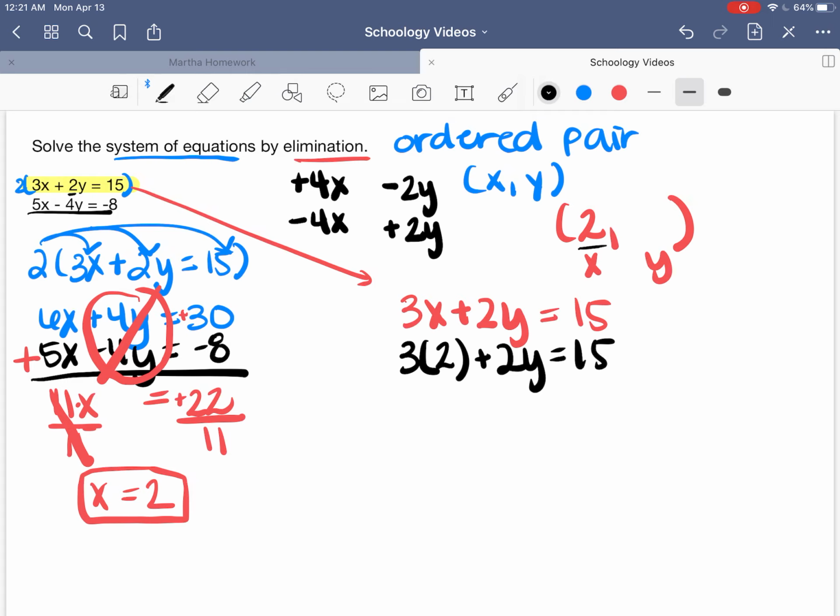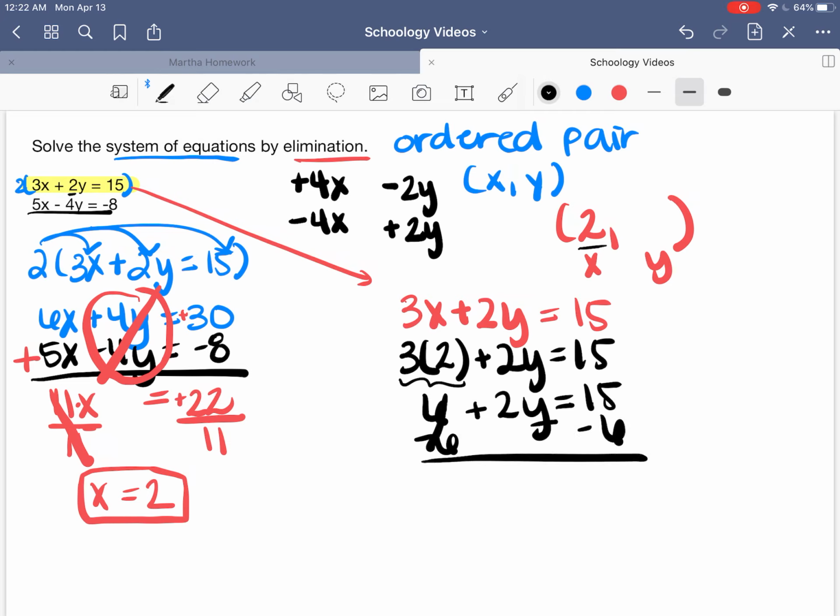That's what I'm trying to find out. So to get my y by itself, I would first multiply 3 times 2, which is 6. 6 plus 2y is equal to 15. If I'm trying to leave the y by itself, I would get rid of the 6 next. I would subtract 6 from both sides.